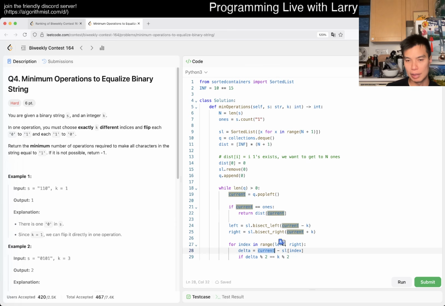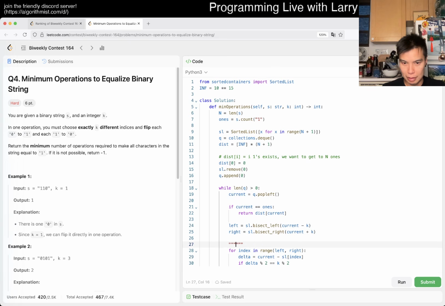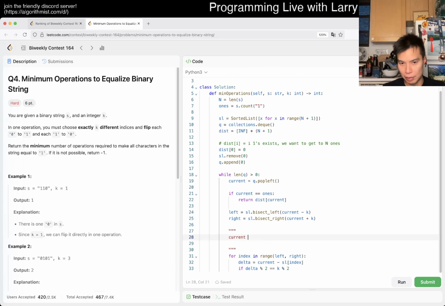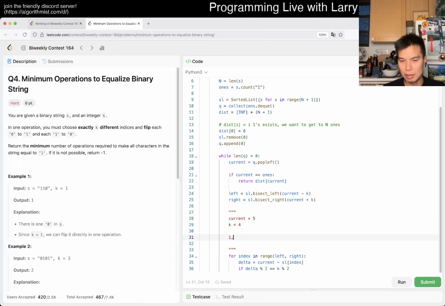Okay, so let's say the current is 5. Let's just write it down. So let's say current is equal to 5, k is equal to 4, then we want 1, 3, 5, 7, 9, right? You'll never get itself anyway, so it's fine because we remove it from SL. Okay. Okay, so then now if you get a 1, is this good?